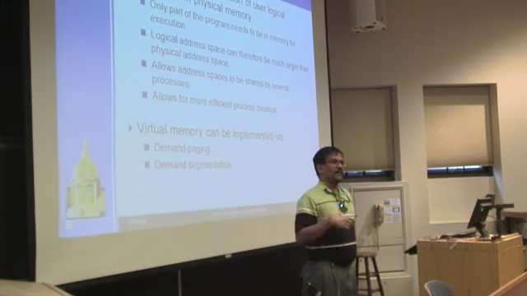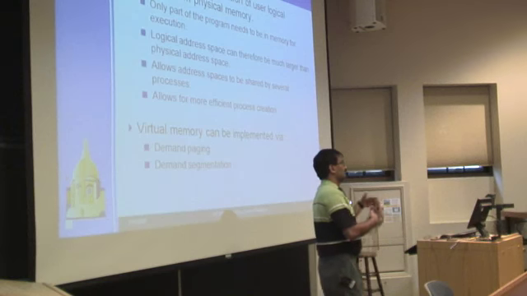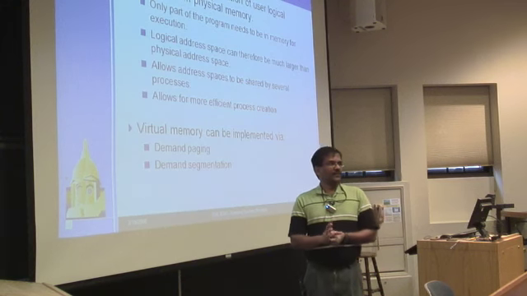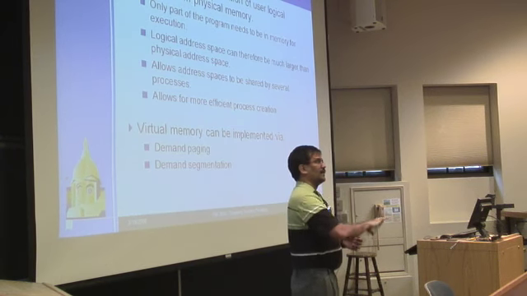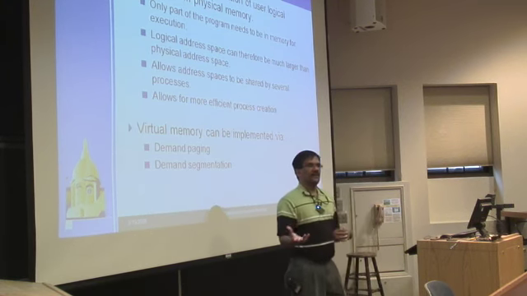Here we are assuming that logical is bigger than physical, so you can access addresses which are not directly mappable to the physical memory. But can you think of a reason why you may consider the other way, where the logical address space is smaller than the physical address space?